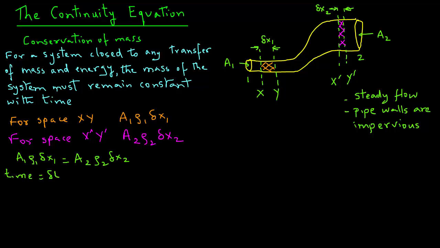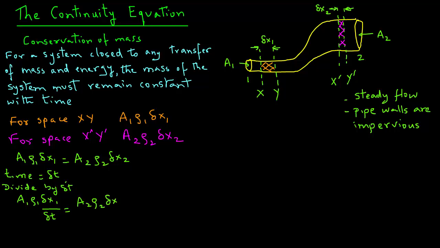Now this change occurred over a period of delta t, the small time step. So we can divide both the left-hand side and right-hand side by delta t. So we have rho 1 A1 delta x1 over delta t equals rho 2 A2 delta x2 over delta t.